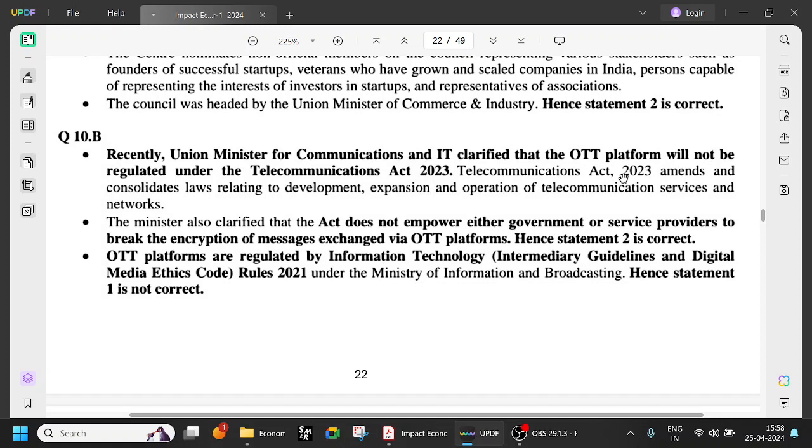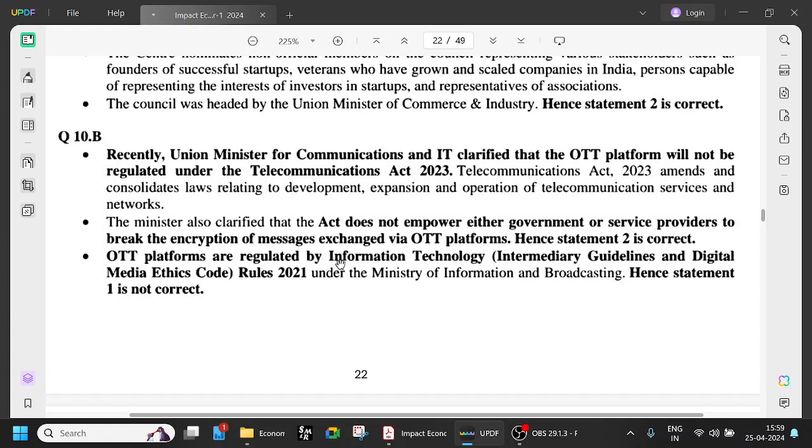So it deals with telecommunications and networks. The minister also clarified that the Act does not empower either the government or service providers to break the encryption of messages exchanged via OTT. So you cannot look at WhatsApp messages, personal messages, etc.